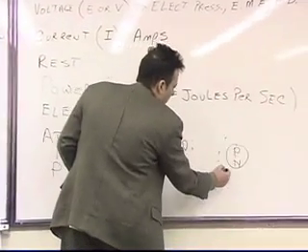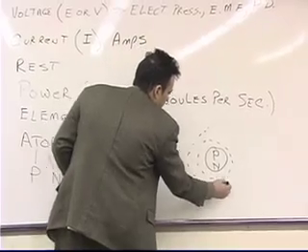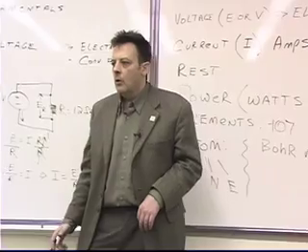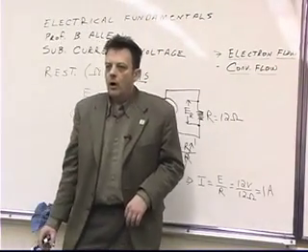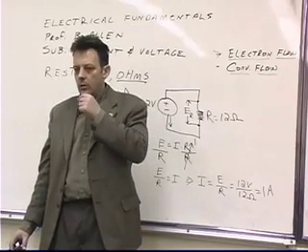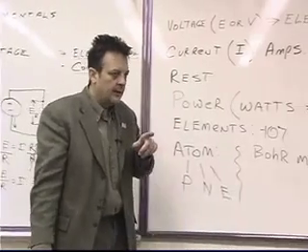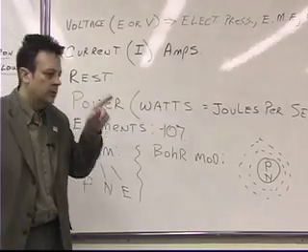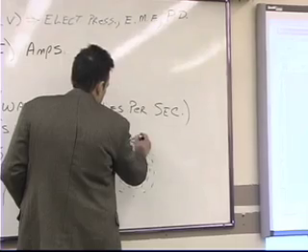Orbiting around the outside of the atom, very similar to the way the Earth orbits around the Sun or the Moon orbits around the Earth, are the third subatomic particle. And what is that called? The electron. And that's the thing that moves through the wire that allows us to, well, it's part of what allows us to transfer energy.